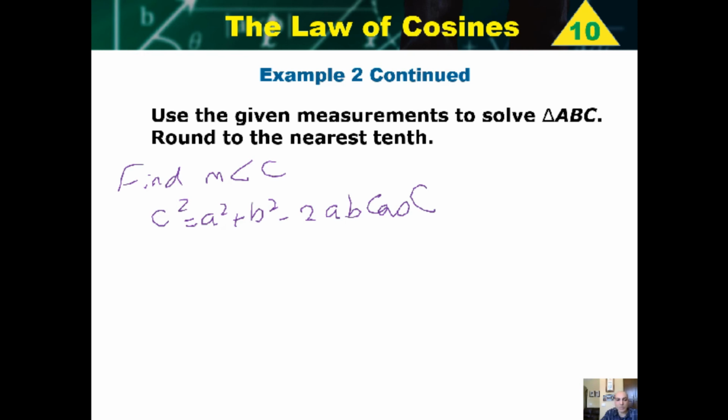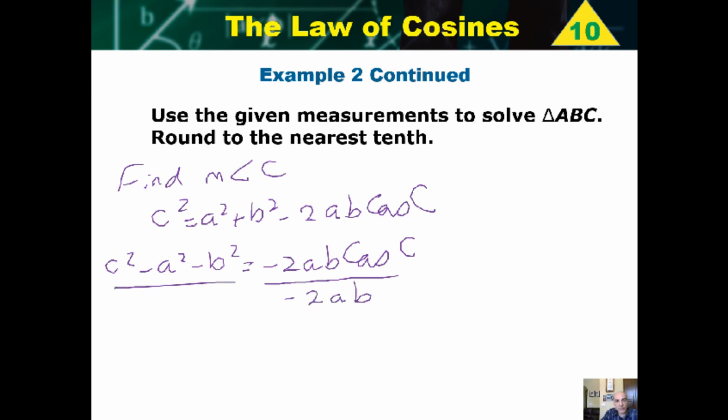If you want C, then shuffle things around, and that should give you c squared minus a squared minus b squared equals negative 2ab cosine c, and I would divide by negative 2ab on both sides. So now I have cosine c on one side, which is what I want, before I just plug in numbers. It's easier that way, if that's what you like.